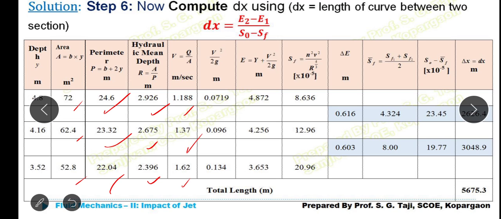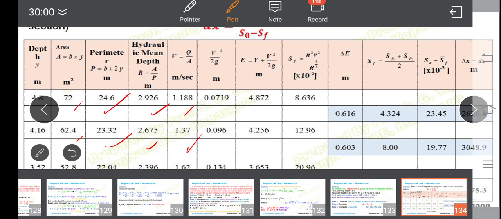Delta E is nothing but E2 minus E1, means specific energy at section 2 minus specific energy at section 1, where specific energy is nothing but Y plus V squared by 2g. Y is potential head, V squared by 2g is kinetic head. Therefore, we are required to calculate V squared by 2g.